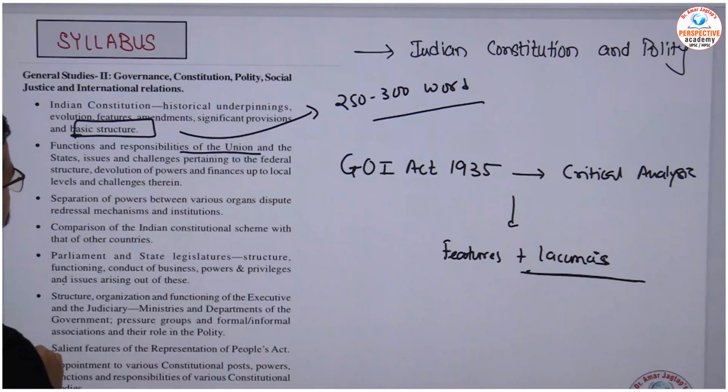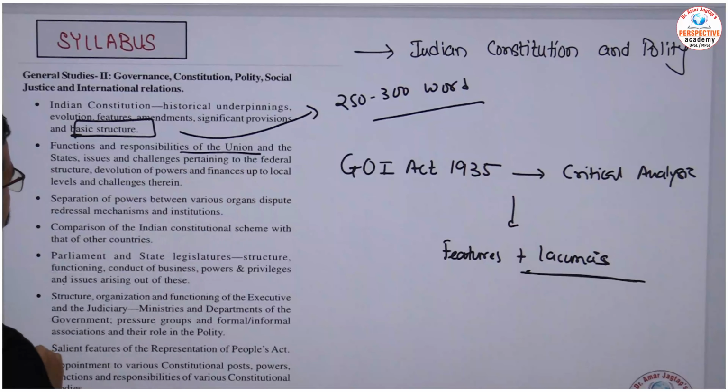Hunger and poverty are the biggest challenges for good governance in India. Evaluate how successive governments have progressed in dealing with this humongous problem. Suggest measures. Again, here also analysis, and it has asked to suggest measures for improvement.